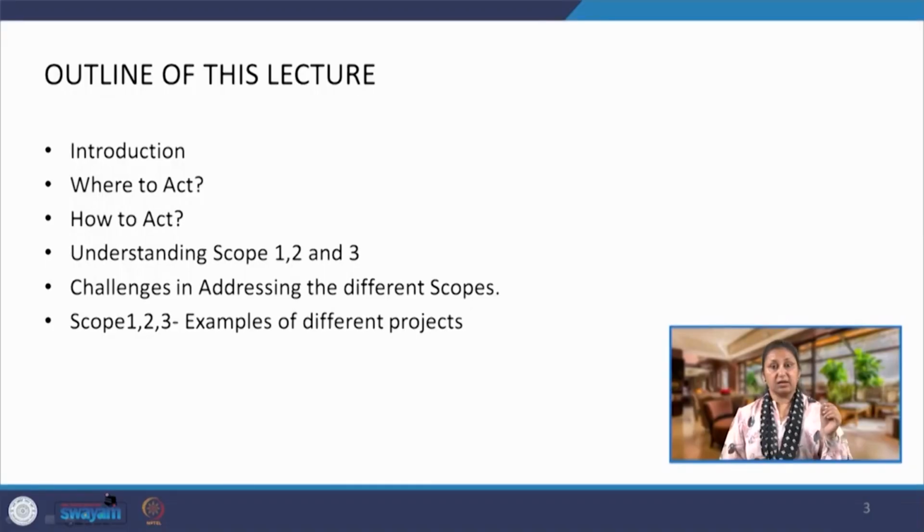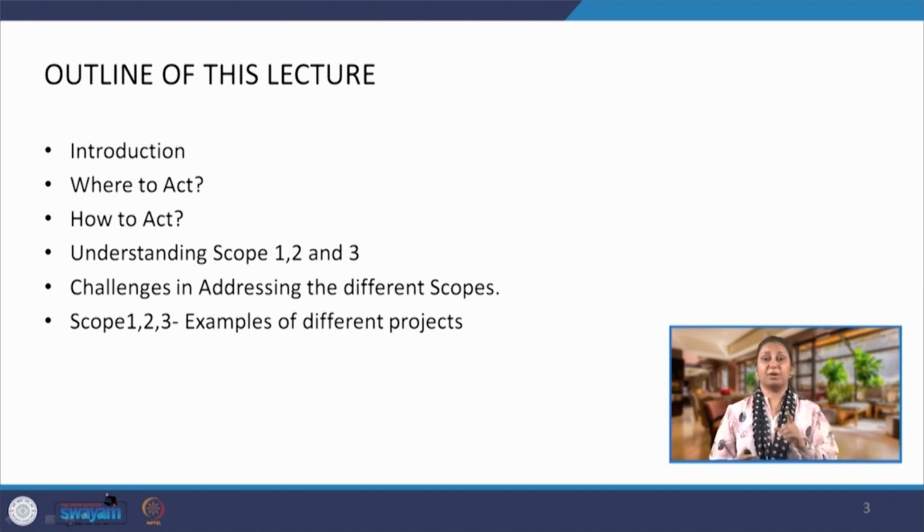So, yesterday we were talking about the ISO 14064, its structure, description, the benefits, the framework, how it works, and there one aspect that we had clearly identified was how to identify the boundaries, the organizational boundaries. Today in this lecture we are going to cover the first 3 points, which are introduction, where to act and how to act.